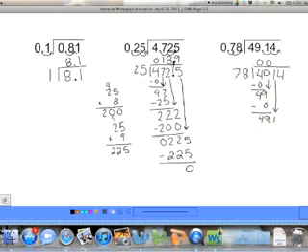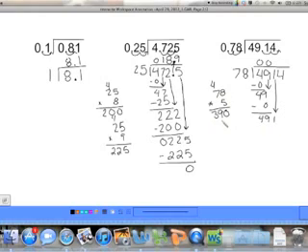So let's try 78 times 5 and see if that's less than our necessary 491. 8 times 5 is 40. 7 times 5 is 35, 36, 37, 38, 39. So we know 78 times 5 is 390.